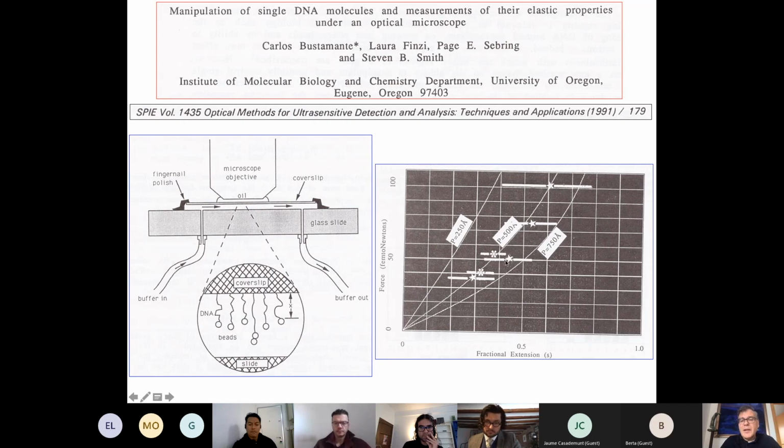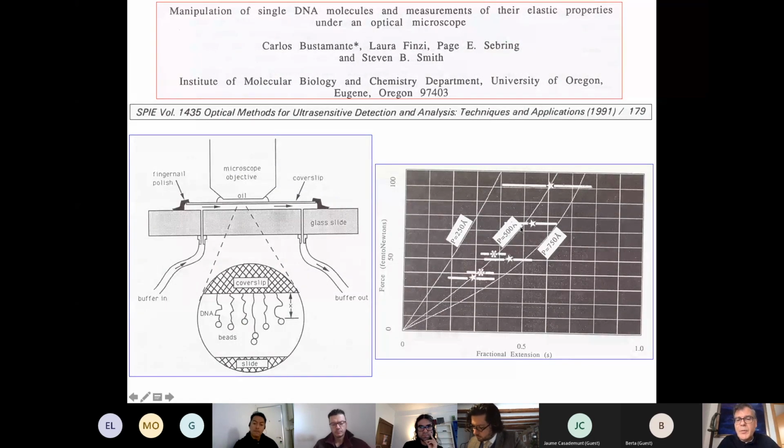And he found these points here. He tried to fit to a freely jointed chain model, which was a model used at that time from polymer theory, and the freely jointed chain model predicts a linear behavior of force versus extension that afterwards bends up due to the entropic elasticity. And well, he found values of the persistence length of 500 angstroms.